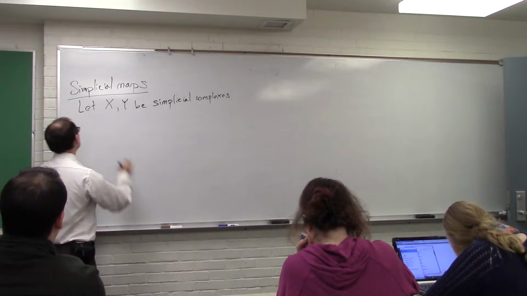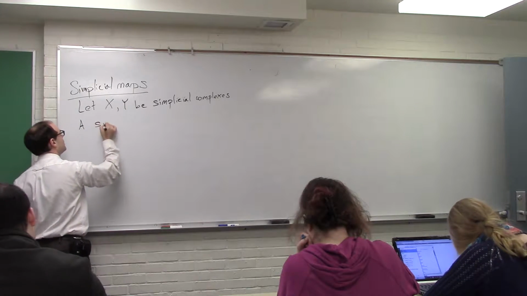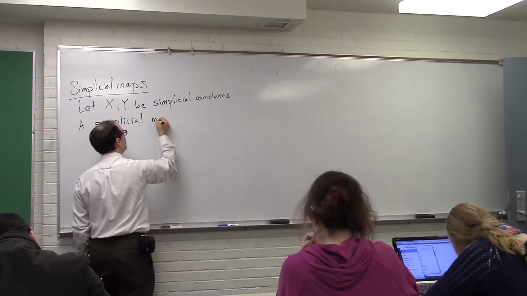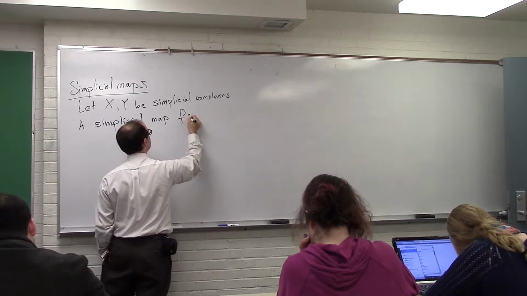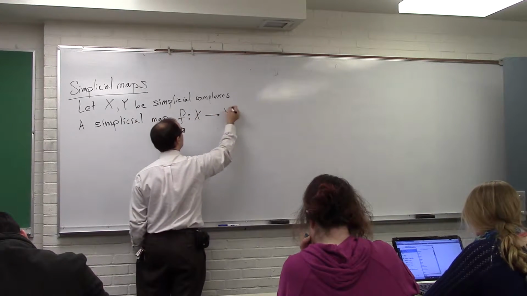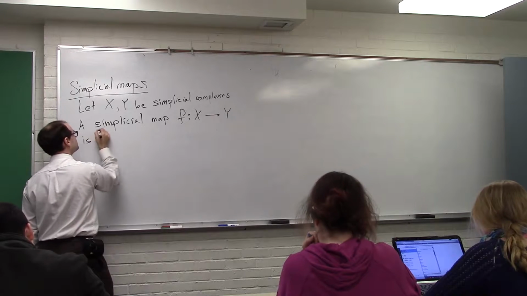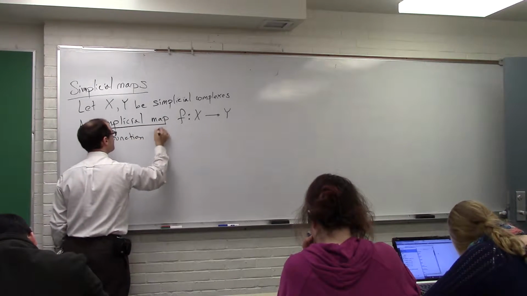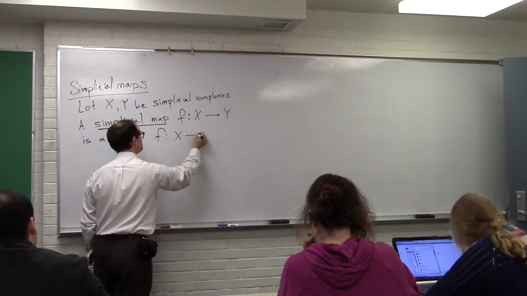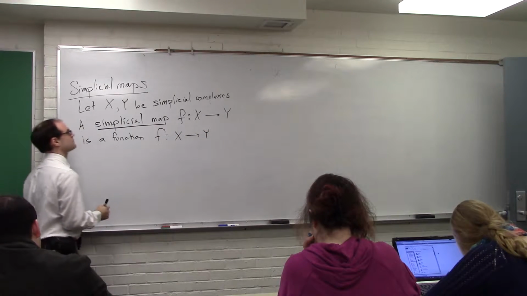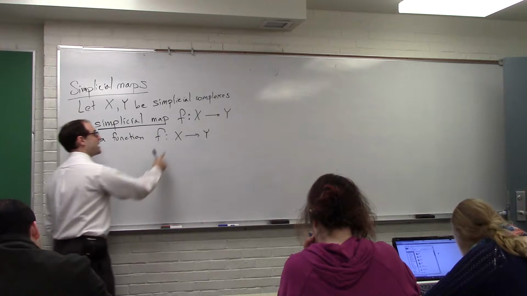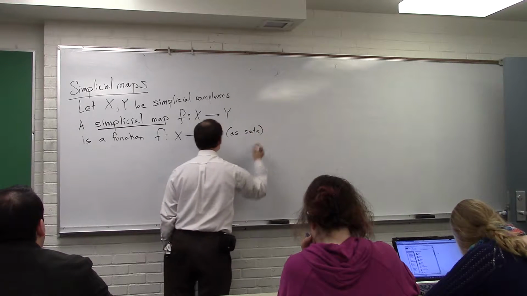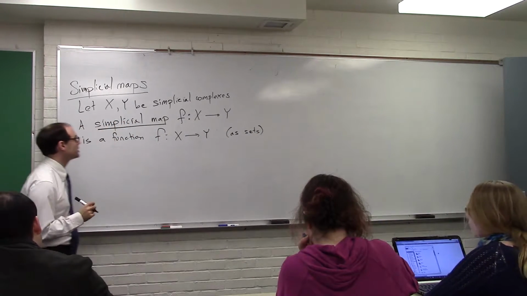So a simplicial map is a function. This notation is a little opaque, but I mean a function as sets. So it's just a function taking simplices to simplices clearly.